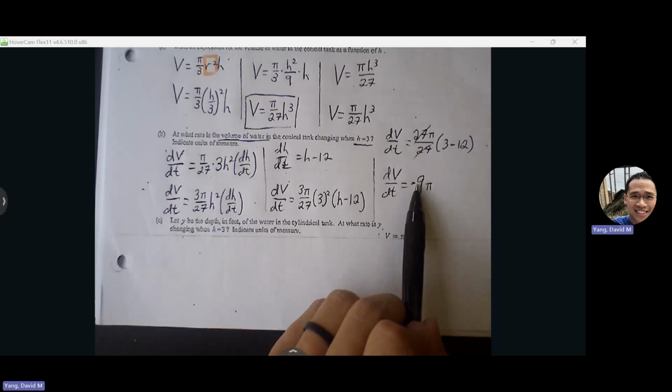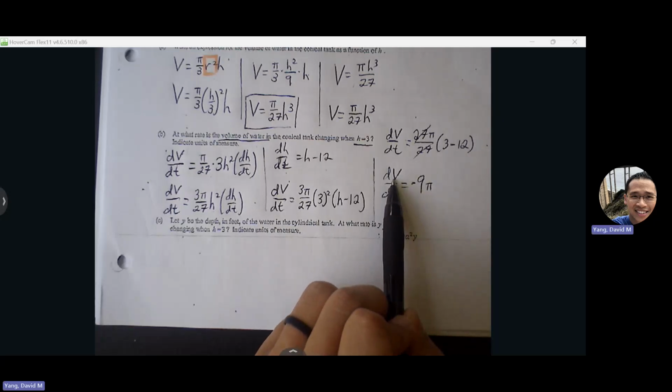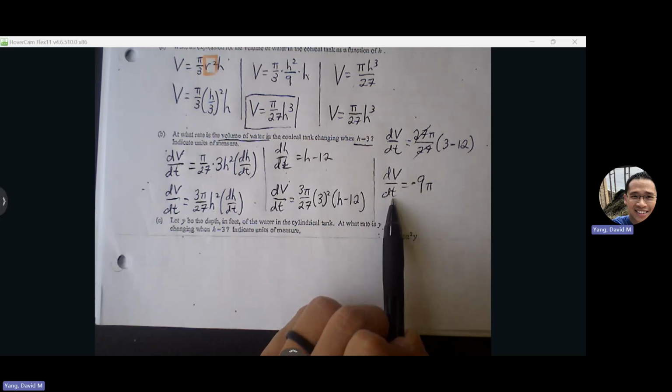Okay, what's our unit of measure going to be? Volume is feet cubed per minute. Okay.